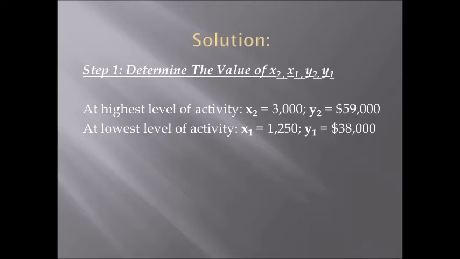At the lowest level of activity, x1 equals 1,250 and y1 equals 38,000. So the first step is to determine the highest level of activity and its corresponding cost, and the lowest level of activity and its corresponding cost. The level of activity is considered the x value, and the cost is considered the y value.